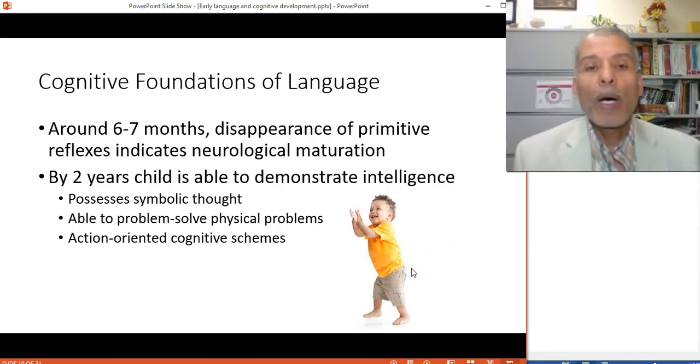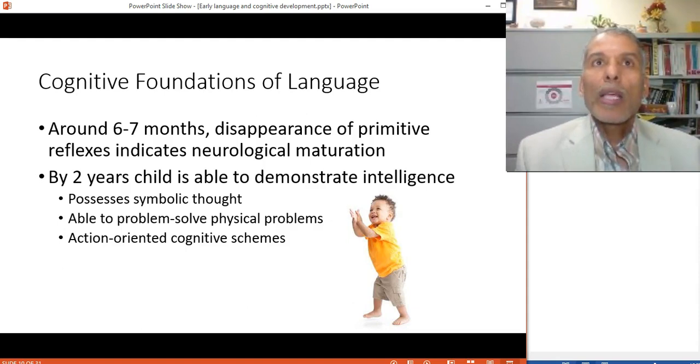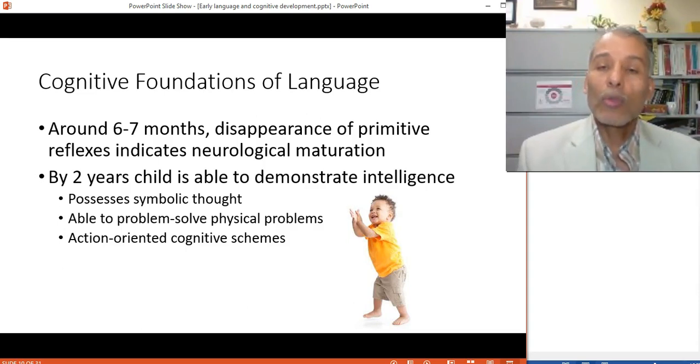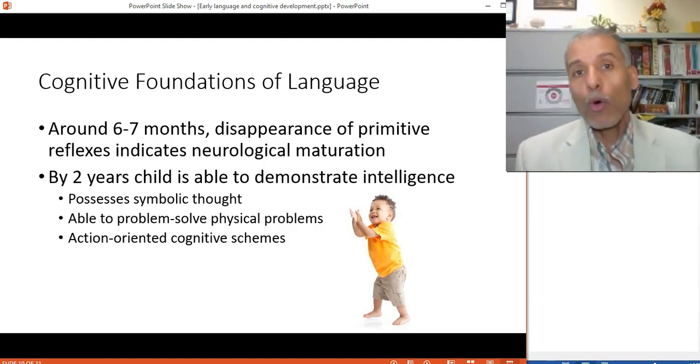Around 6 to 7 months, the baby's reflexes begin to decrease, and they eventually disappear. Reflexes are controlled primarily by the brainstem and by the spinal cord.